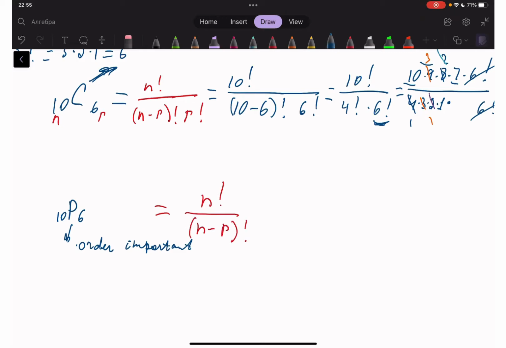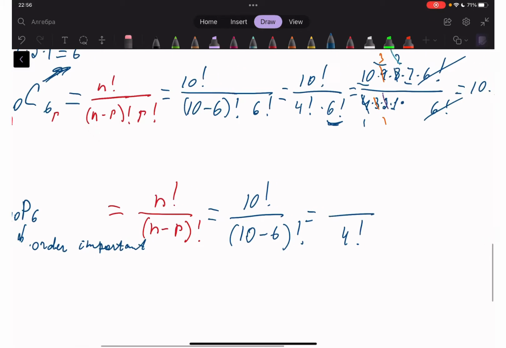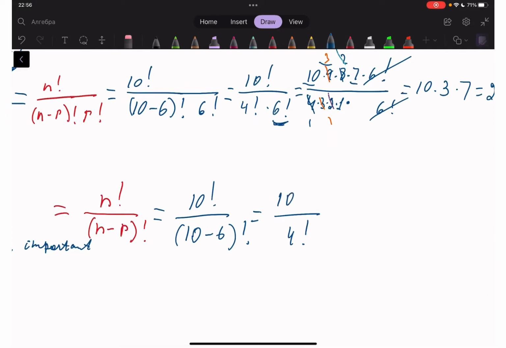Since the numbers are the same, 10 factorial divided by 10 minus 6 factorial. Since we have factorial 4, this time I'm opening 10 till 4: 10 times 9 times 8 times 7 times 6 times 5 times 4 factorial. The 4 factorials cancel, and the rest we need to multiply.